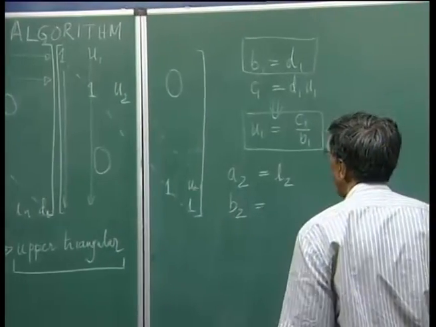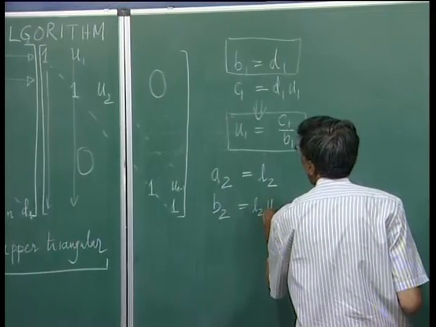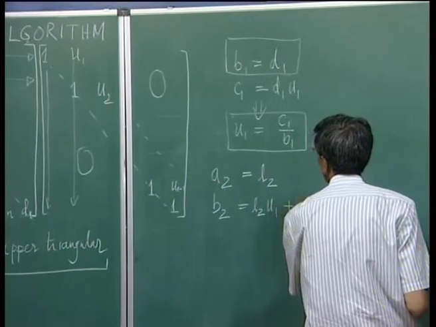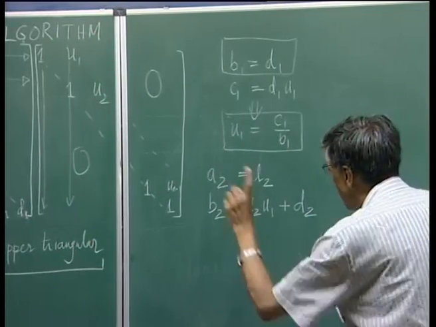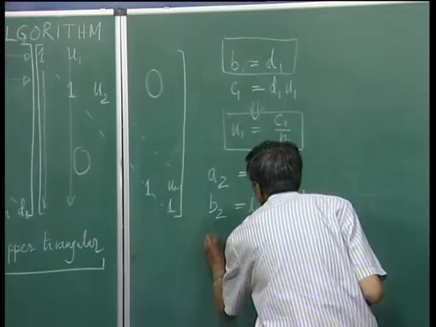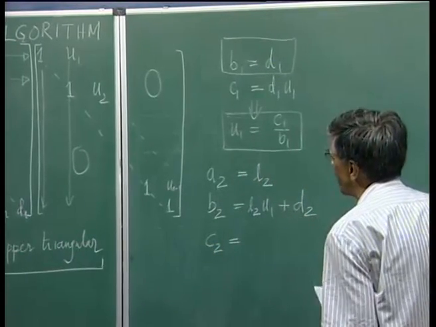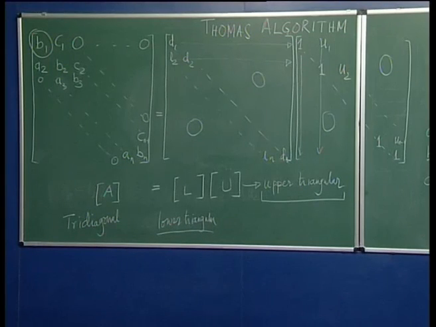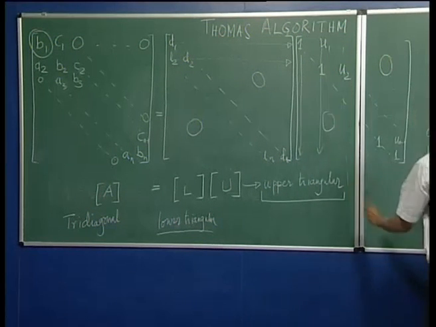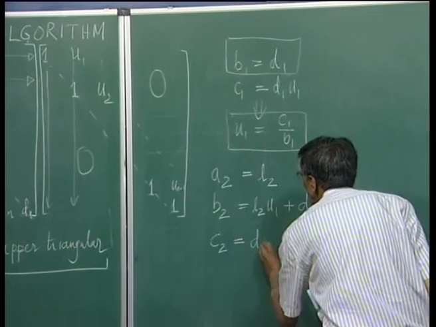So, I get B2 equal to L2 U1 plus D2. And finally, on the second row of A matrix, we have the entry C2, which is obtained by multiplying the second row of L matrix with the third column of the U matrix, and that would be equal to D2 U2.